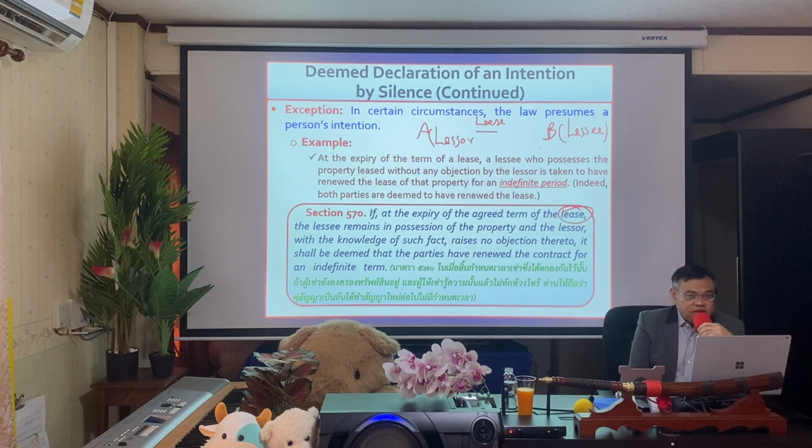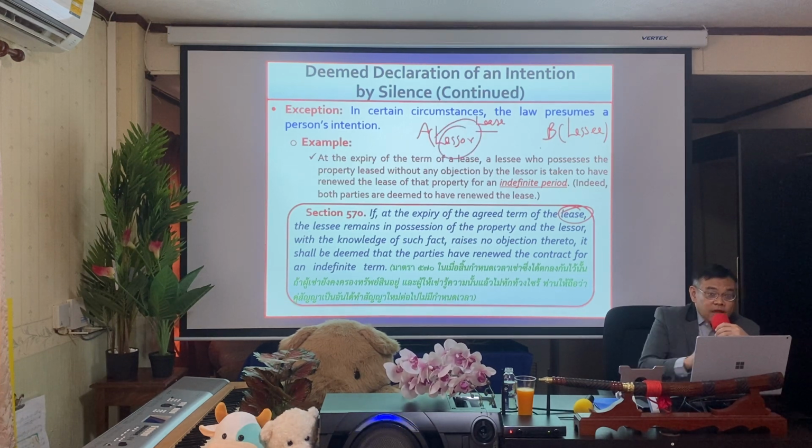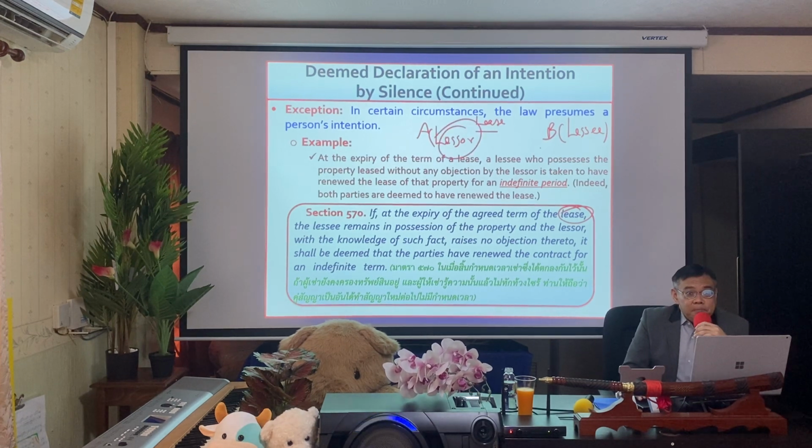The duration of this lease is 3 years. But when this lease ends, B still remains in possession of this house. Let's say that it's a lease of a house. And A, the lessor, sees that B still possesses this house. A raises no objection.